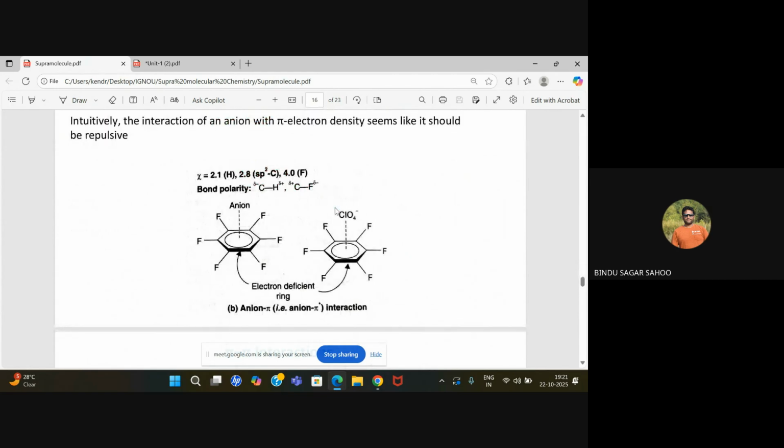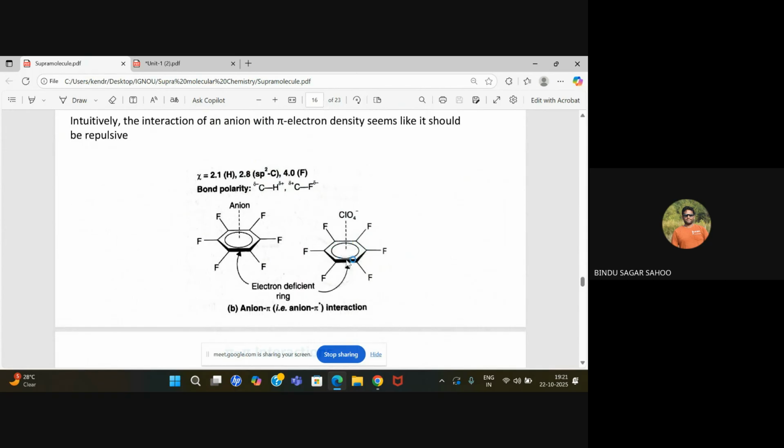Okay. So generally it seems like this is a negative center, and here also this is a negative center. They will repel each other. But here, particularly, this electron density is not spread out like the benzene ring electron density, because this electron density is withdrawn towards the fluorine centers. That's why the electron density here decreases. So this is an electron deficient ring now.